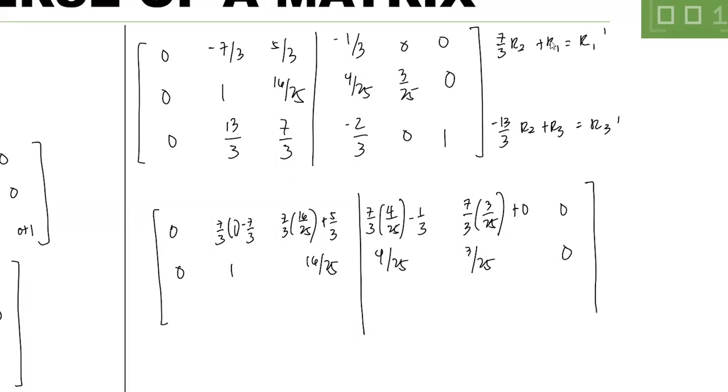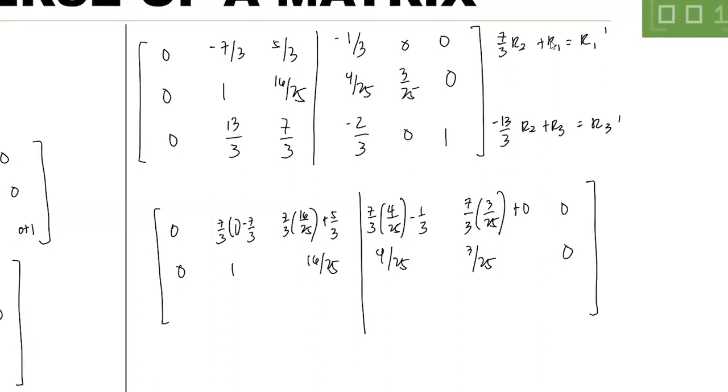Okay? Yung last part is, this will be 0 din. Okay? And then we have negative 13 over 3 times yung R2 natin, plus 1, plus 13 over 3. Okay? Then negative 13 over 3 times 7/3, 16 over 25 plus 7/3.